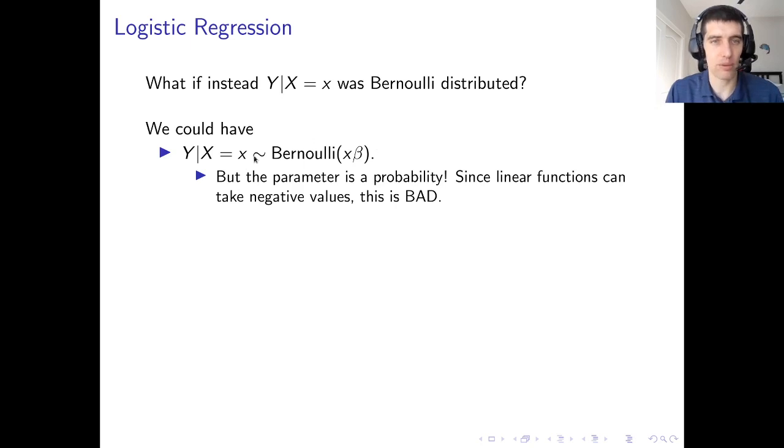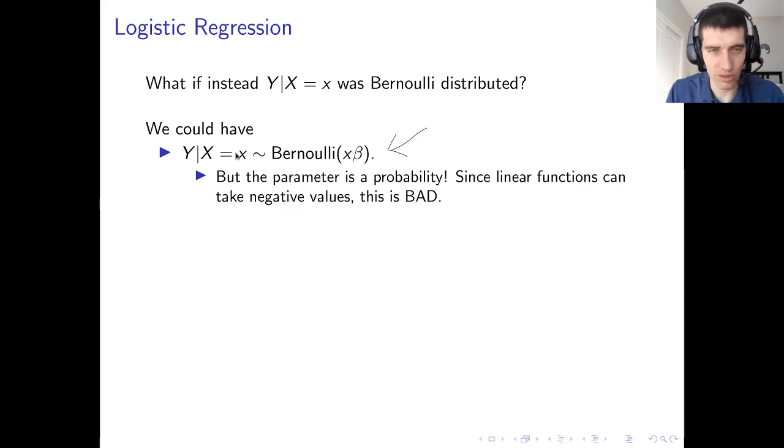We can set up this problem, but unfortunately we have some issues. Remember this parameter in a Bernoulli, this tells us the probability of getting heads. It's actually a probability, right? So we might like to do something like this. We'd want the mean to depend linearly on the predictor. But unfortunately, we can't.